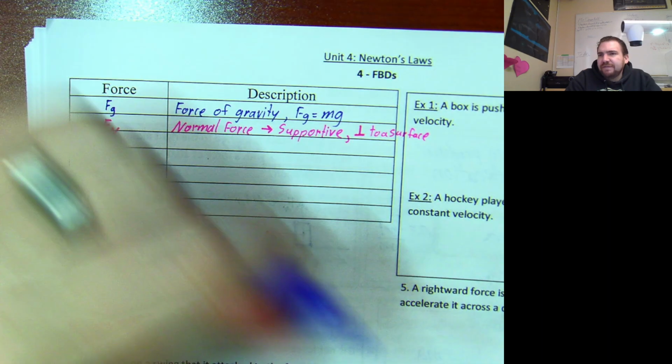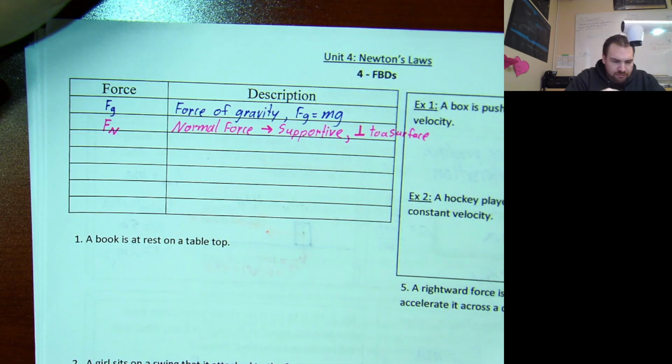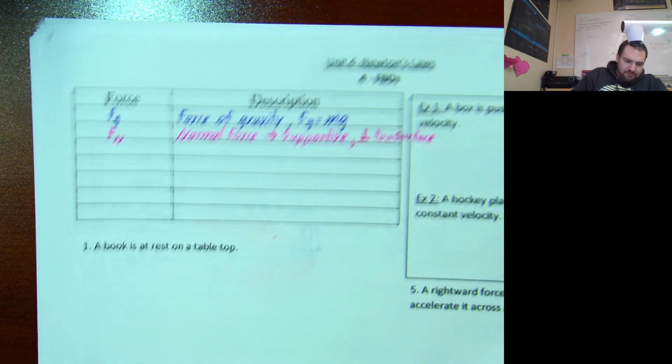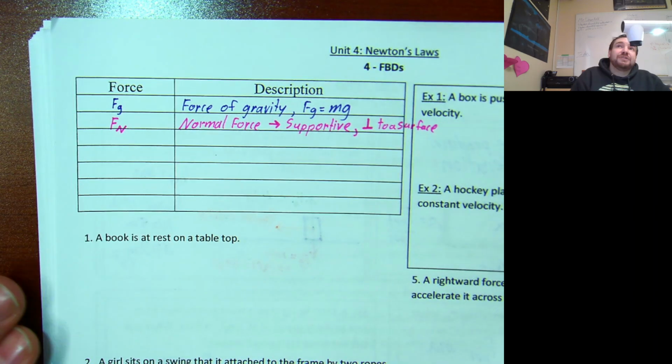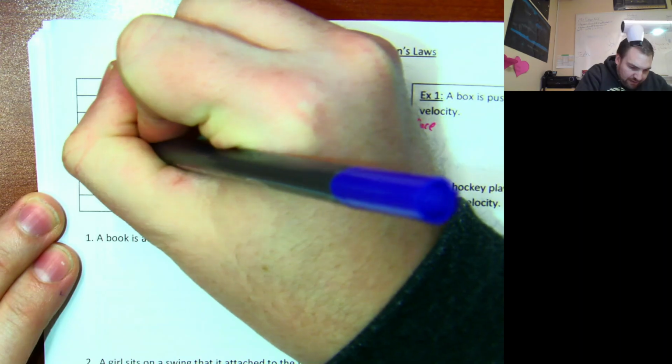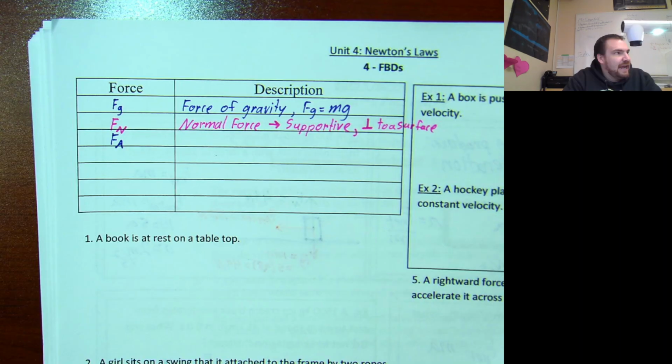The next one we've got here, did we address any other ones? We did. Two more. The next one that we addressed, if I'm not mistaken, was sometimes just F big A, or sometimes it's written as F little a. Sometimes it's written as FAPP.